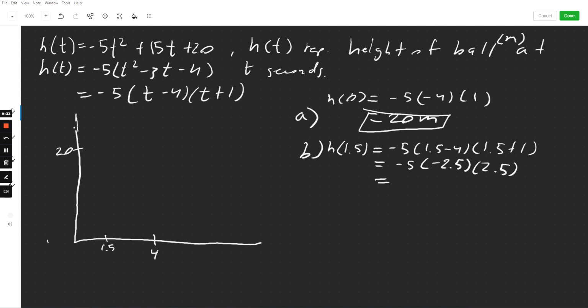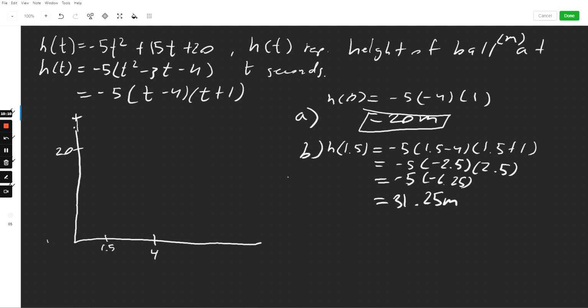This would equal -5 times -6.25, which equals 31.25 meters.